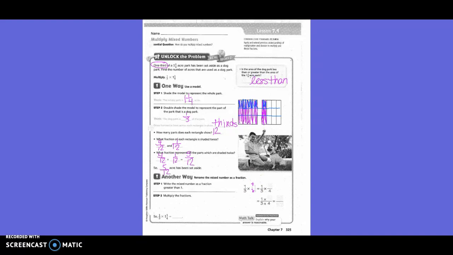So 4 times 1 is 4, plus 1 is 5. So this becomes 5/4. And then like we've learned already, we take 1/3 times 5/4 and we get 1 times 5 is 5 and 3 times 4 is 12. So 1/3 times 1 1/4 is 5/12.